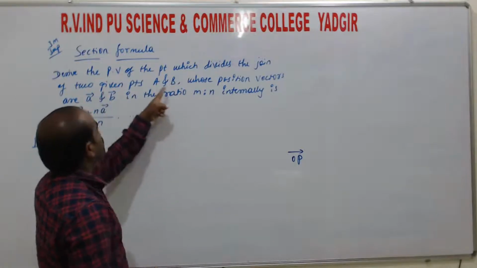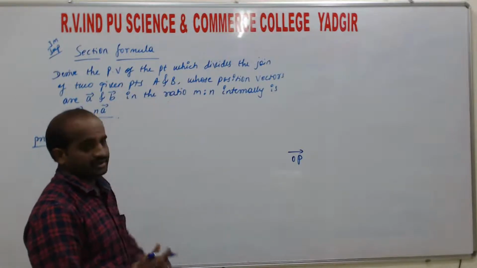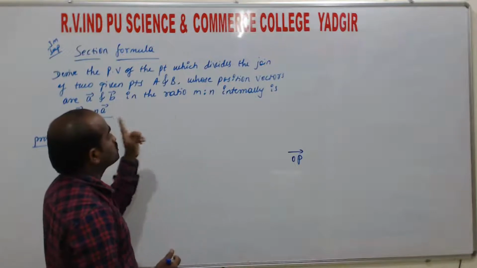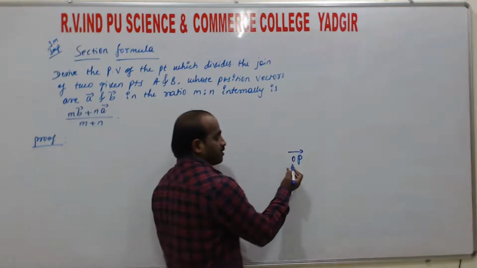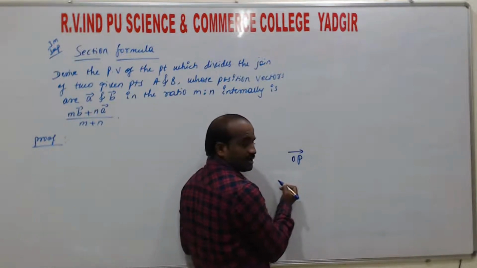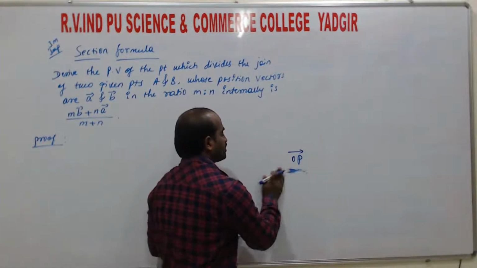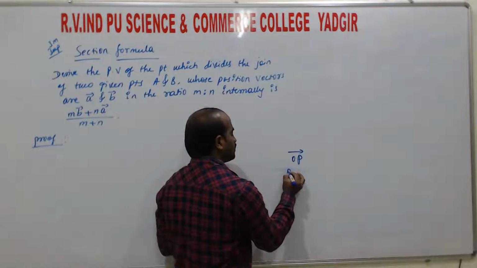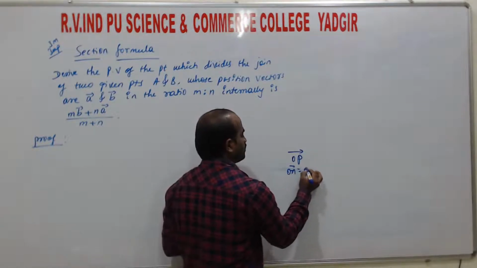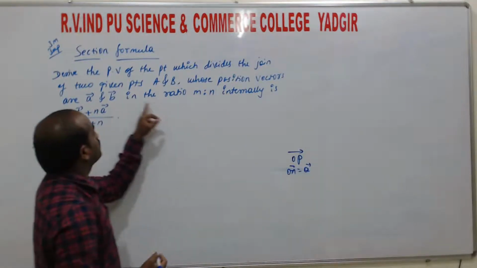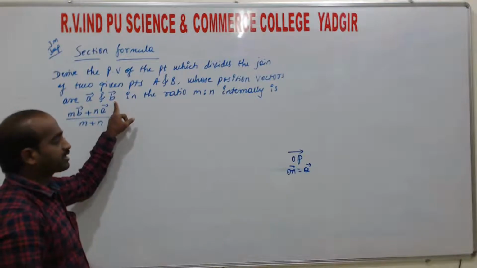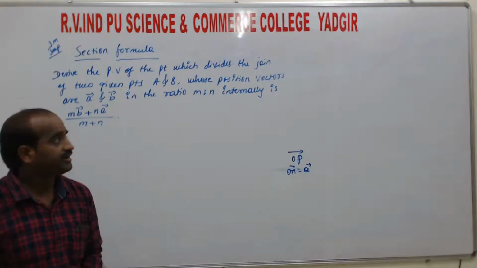The join of two given points A and B have position vectors A vector and B vector: OA vector is A vector, OB vector is B vector, internally.